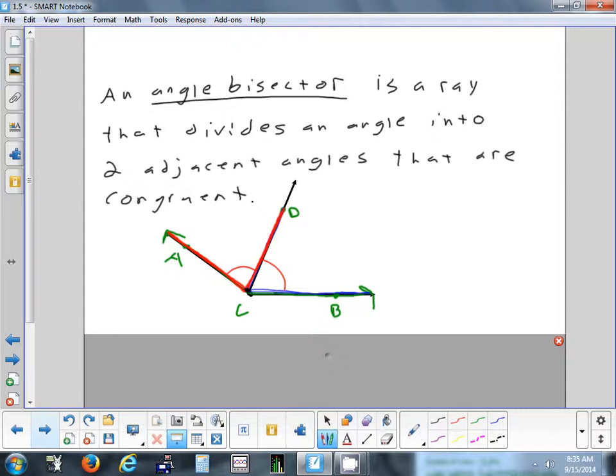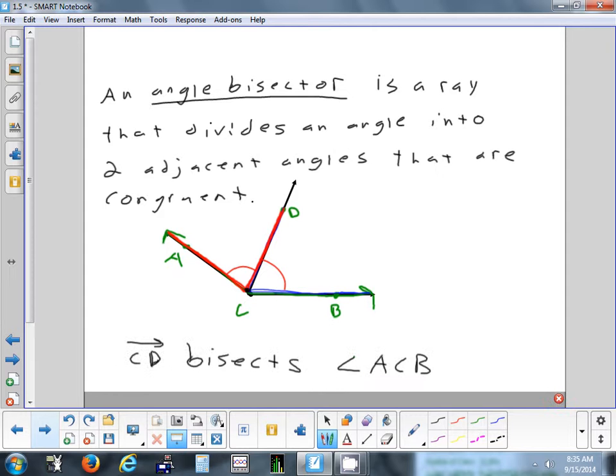So an angle bisector is a ray that divides an angle into 2 adjacent angles. Okay, we talked about what that means. They're adjacent and they're congruent. So in this one, you would say ray CD bisects angle ACB.